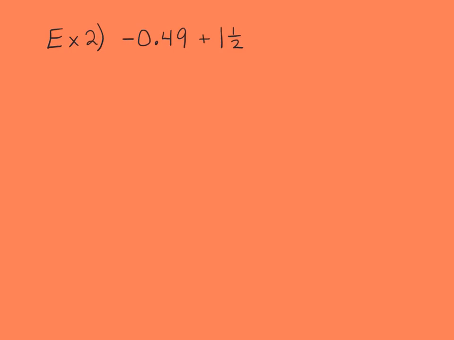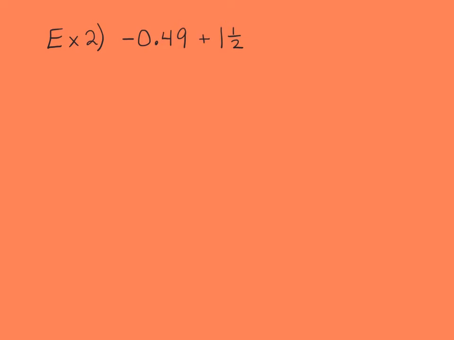Example 2, negative 0.49 plus 1 1/2. This problem is different because we're adding two numbers that are represented in different ways. One is written as a decimal, the other is written as a fraction.